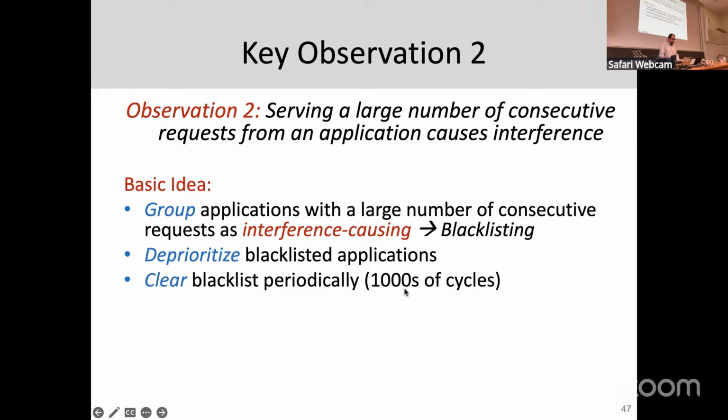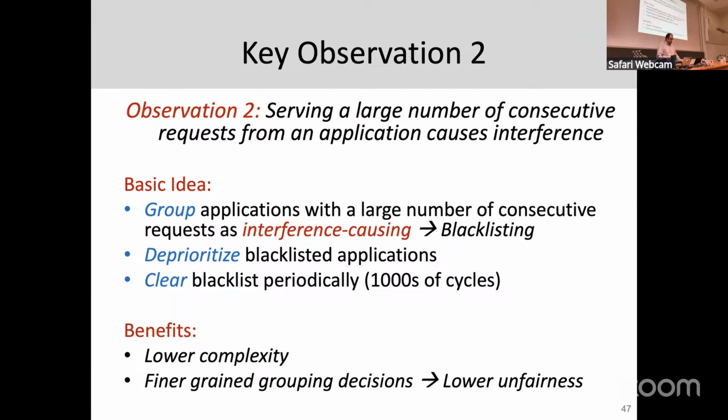By reducing the interval at which we clear our blacklisting, for the applications that change their phase quite frequently, we don't cause problems for them. And also, we are much more sensitive, and you can change your decisions quite frequently. So that's the basic idea of this technique, and this provides quite low complexity and finer-grained grouping decisions, which lead to lower unfairness.